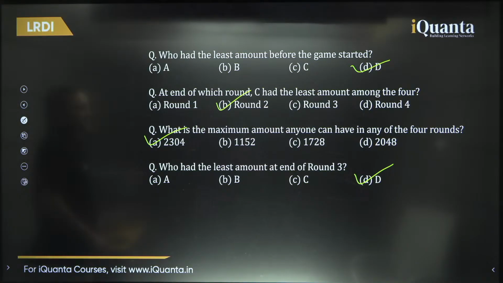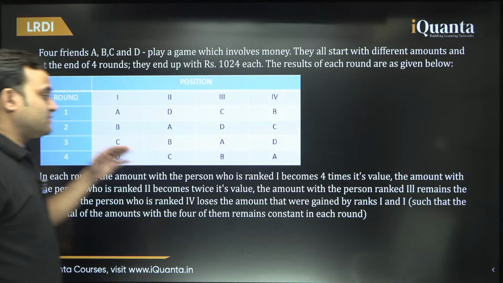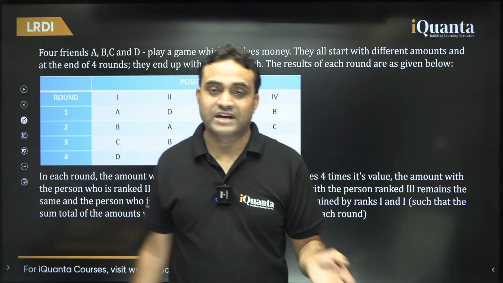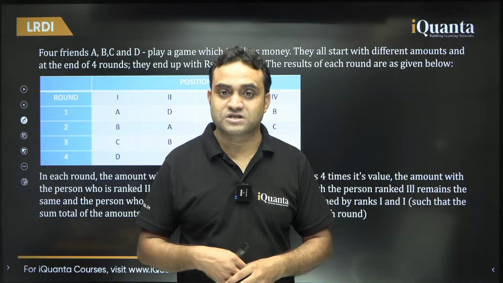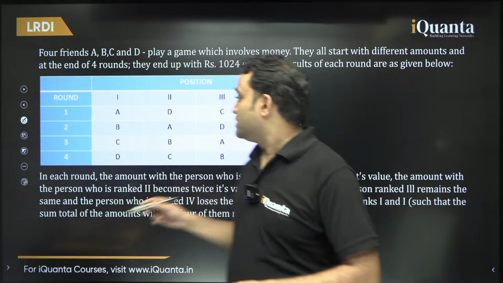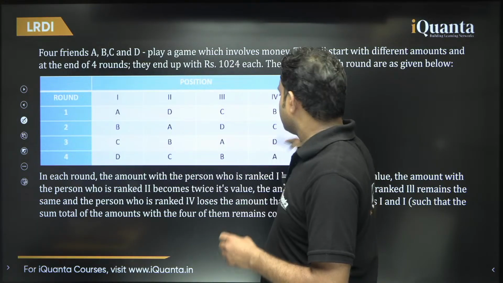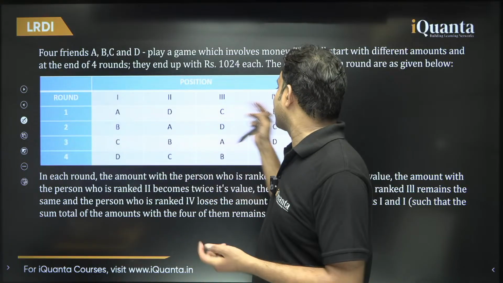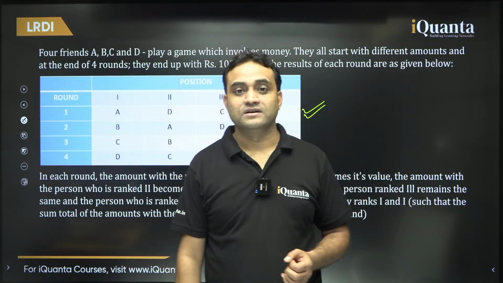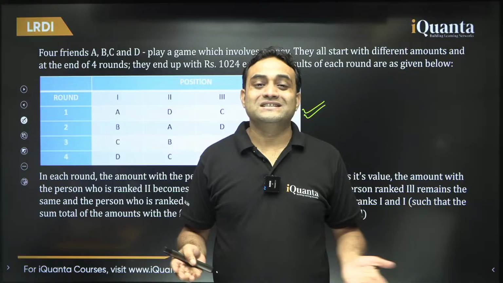See, basically whenever the game is being played, there will be some rank before you start the first round, right? So whatever these ranks are, rank 1, A is on rank 1, D on rank 2, C on rank 3, B on rank 4, right?